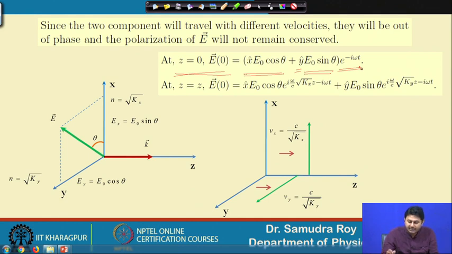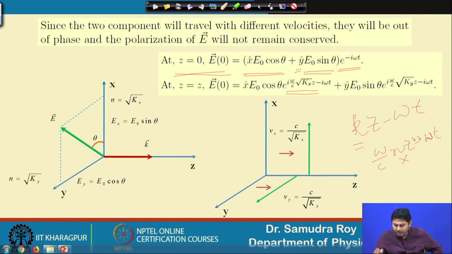So, if I write the corresponding phase, we know that the phase is k z minus omega t. Here the value of k will be omega by c multiplied by n x, so k is replaced by omega by c multiplied by n x.